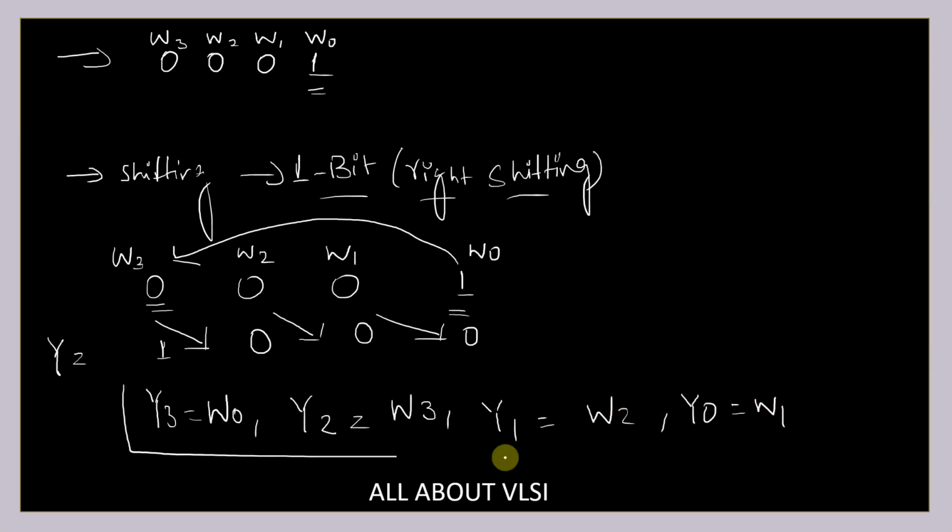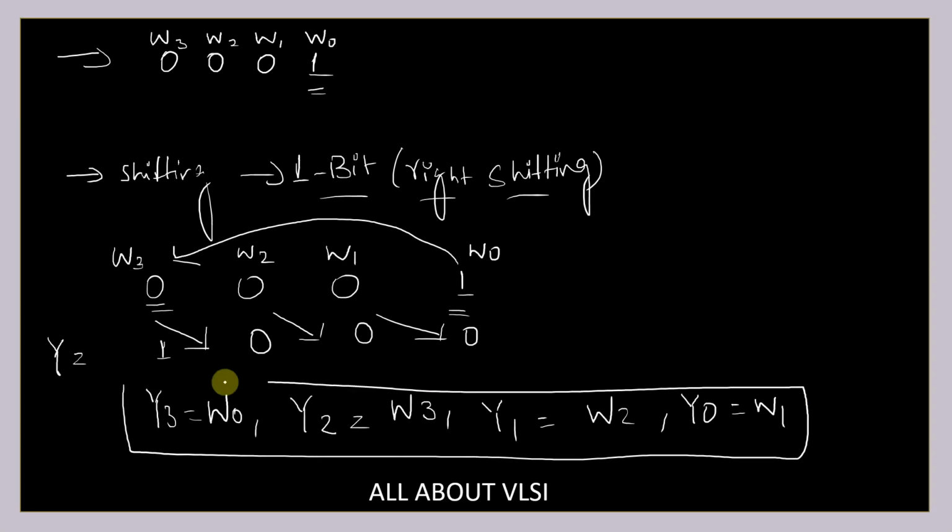These are the outputs we are going to have. This is only for a shift by 1-bit position. Let's say I do it 2 times, then what am I going to have?